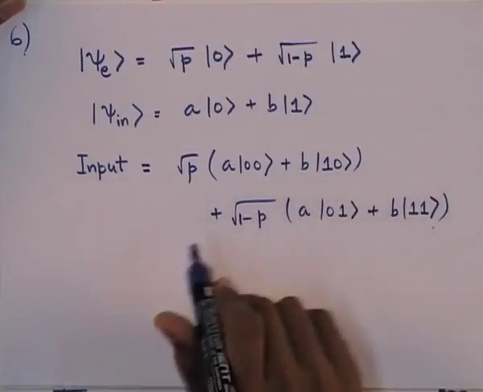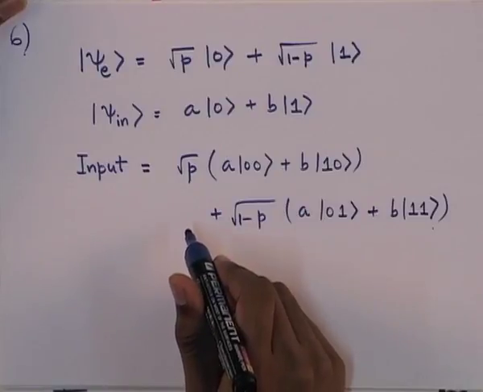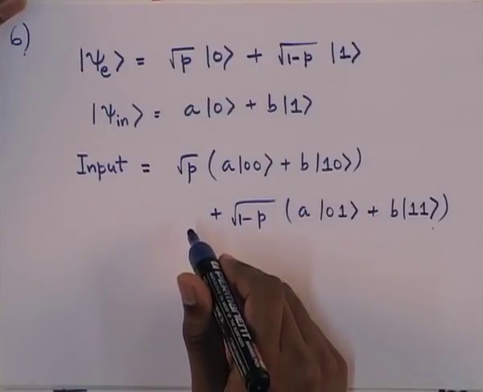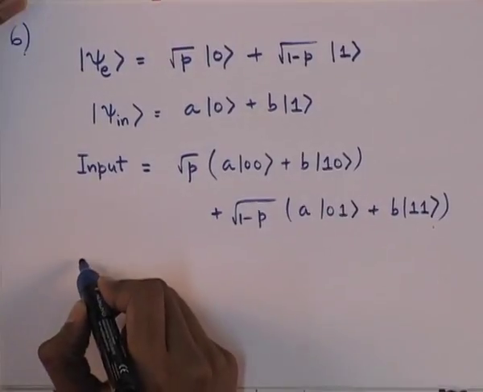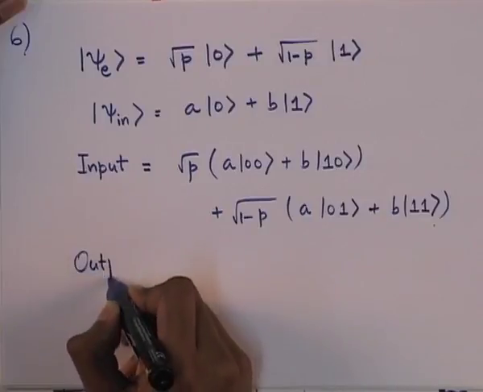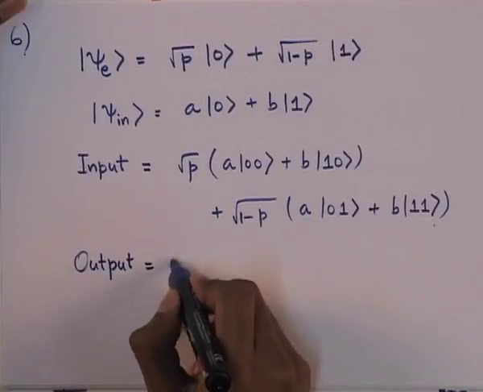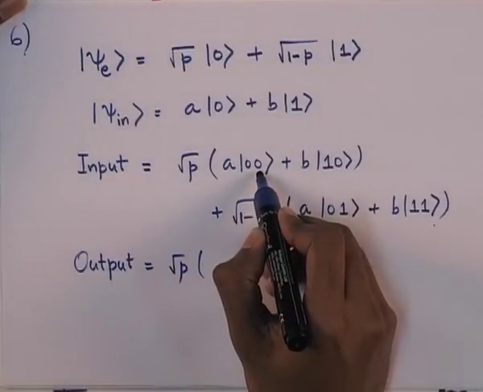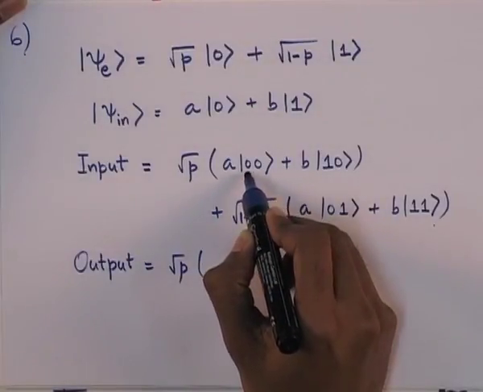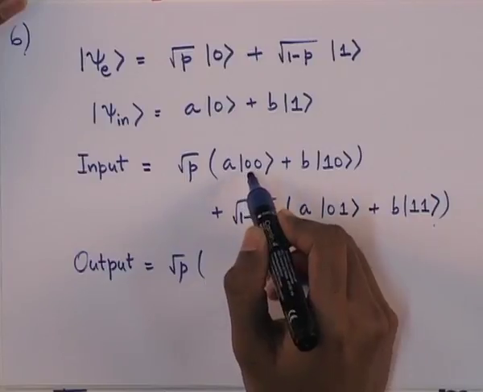So in the circuit we see that there is a conditional NOT gate where the target is the qubit in psi in. So the output is root p times... the second qubit is the control bit and the first qubit is the target bit according to the circuit.